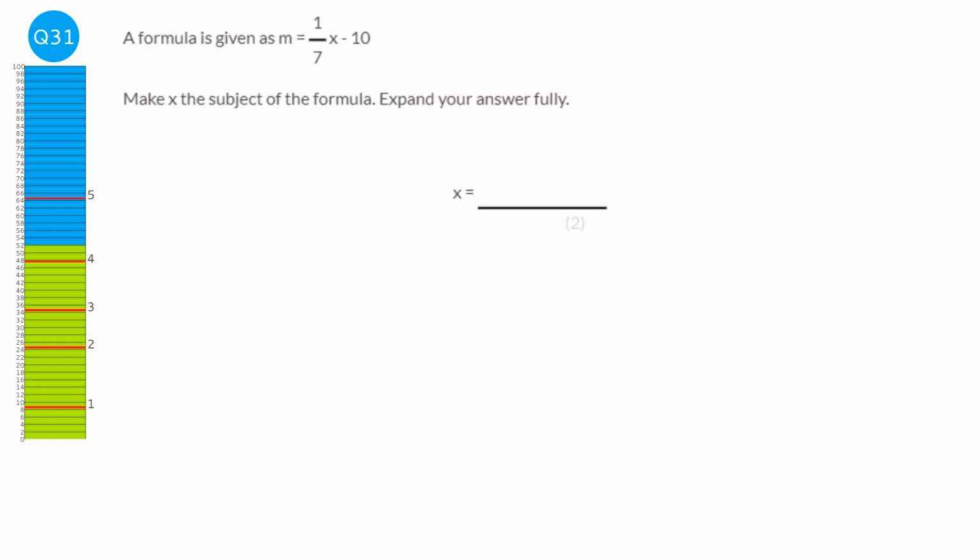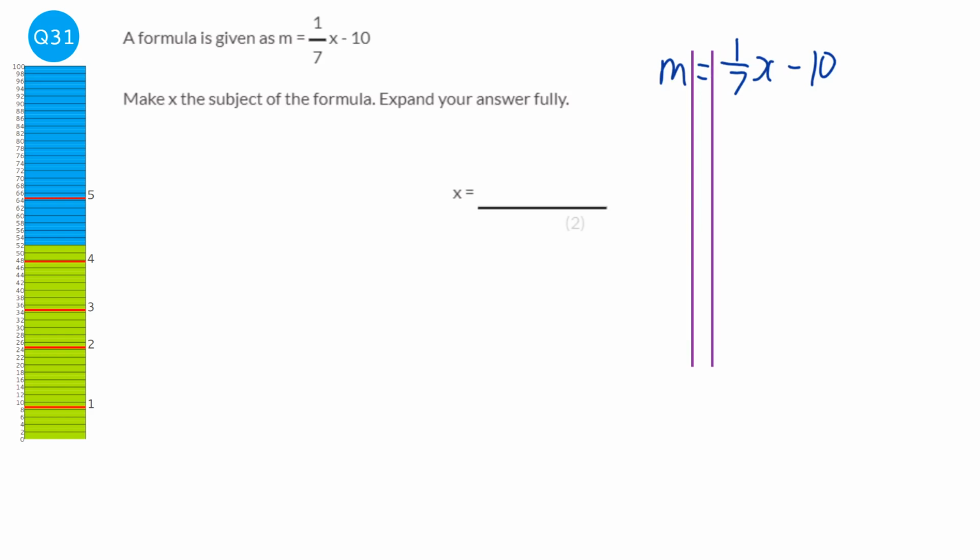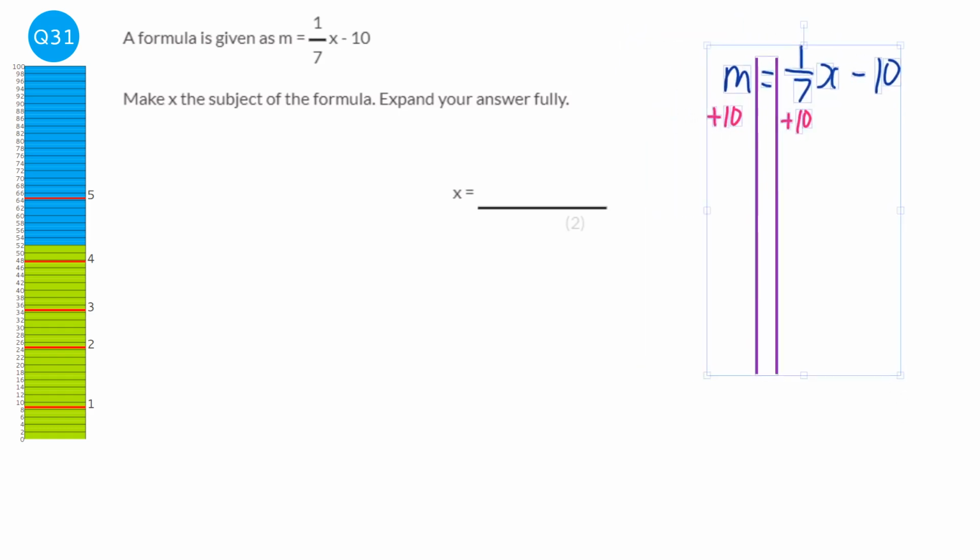So I'm going to start just by writing out the equation. And I could put my lines in. Okay, we're asked to make x the subject, so we're going to first of all add 10 to both sides. In fact, I'm just going to move all this over a little bit so I've got a bit more space. Okay, so we're left with m plus 10 on the left hand side, and we've got 1/7 x on the right hand side.